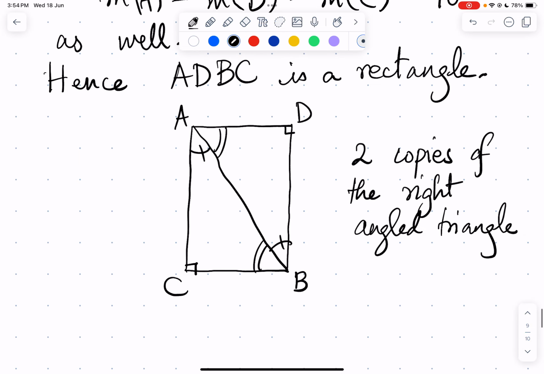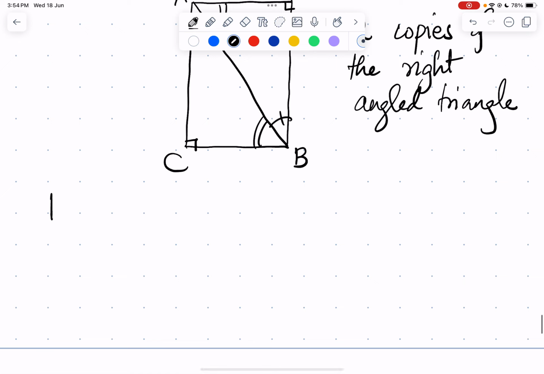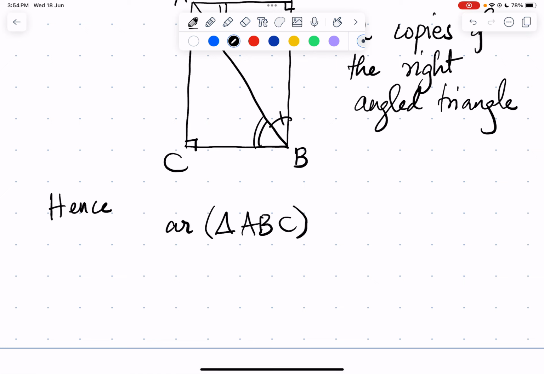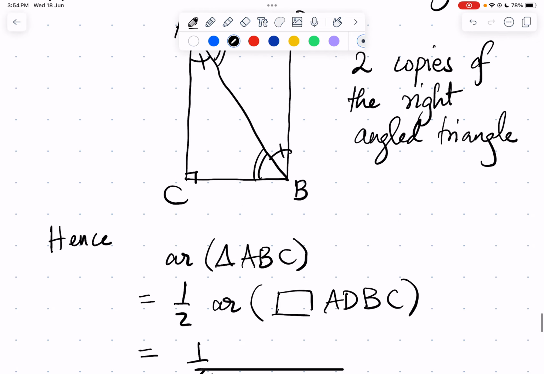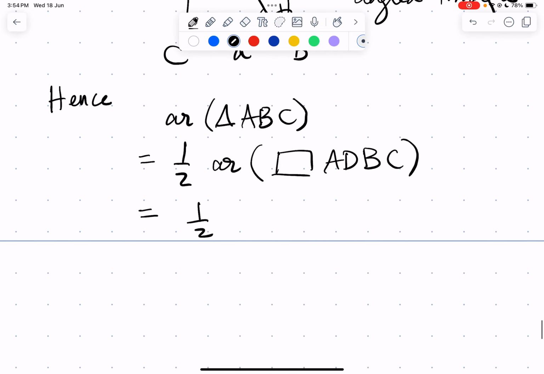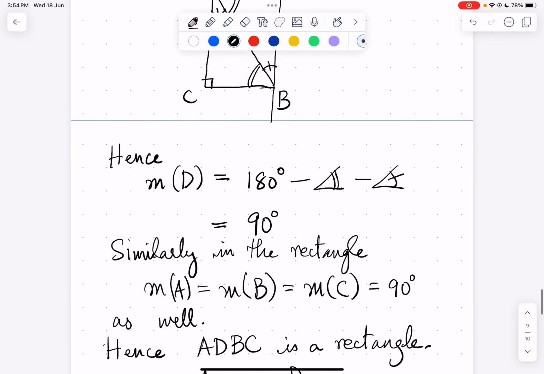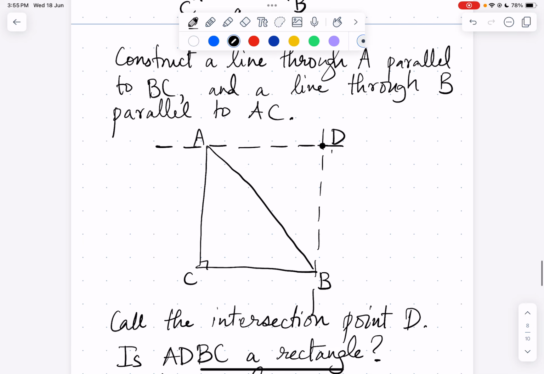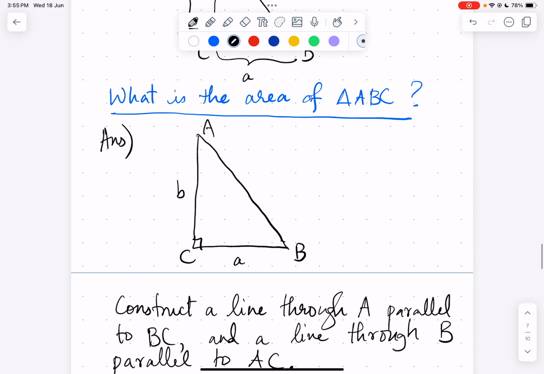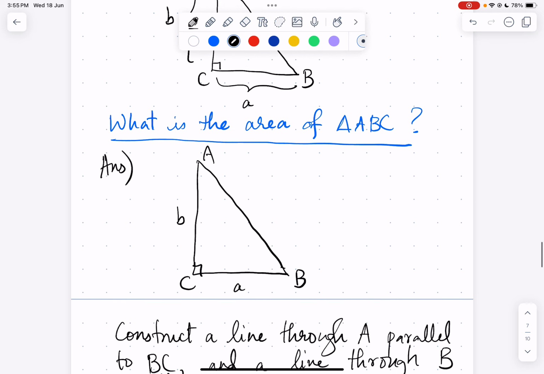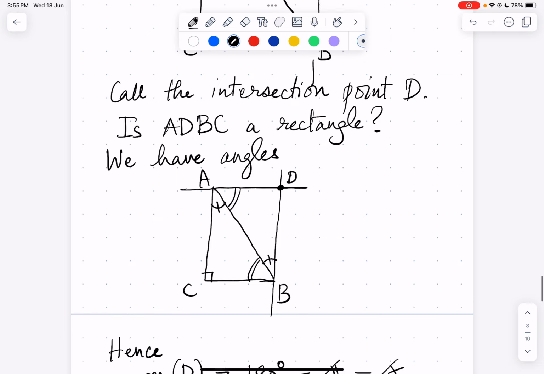Two copies of the right angle triangle form this full rectangle. Hence area of triangle ABC is half the area of the rectangle ADBC, which is just half. So this length is A and this length is B. So this is just half AB. So area of a right angle triangle is just half AB, half times the product of the arm lengths, right? Half the product of the arms of the right angle triangle.